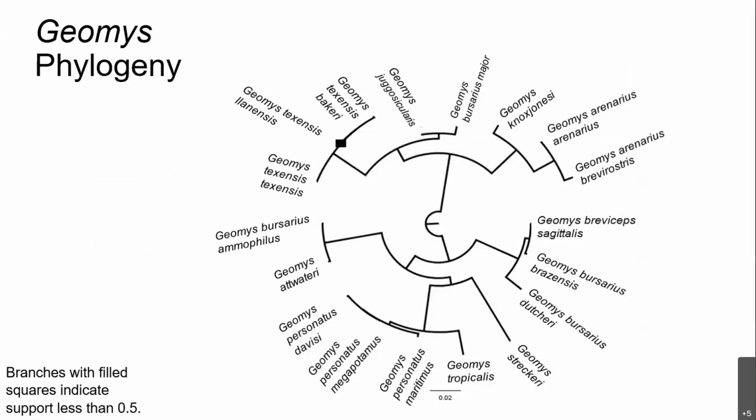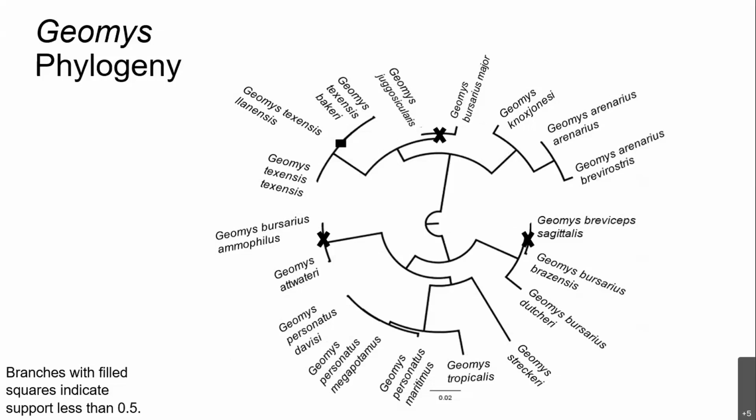As you can see, this is a pretty well resolved tree. You get branch lengths of differing sizes, but I want to call your attention to a couple of spots on this phylogeny. Where there are X's, there are some things that require a little more investigation. At the top, you can see Geomes jugosicularis and Geomes bursarius major are sister.